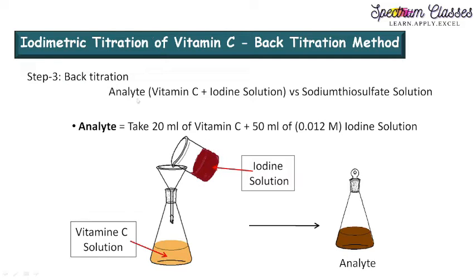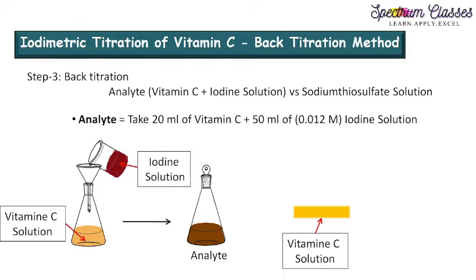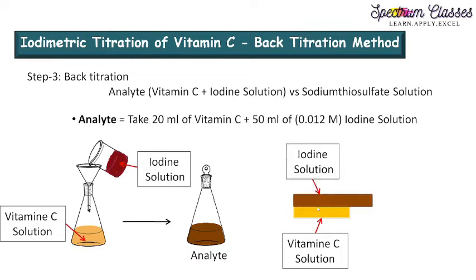Here I have written like this. You can further understand it in this manner. Say 20 ml of vitamin C solution is represented by this bar. Now to this we have added 50 ml of iodine solution, right?